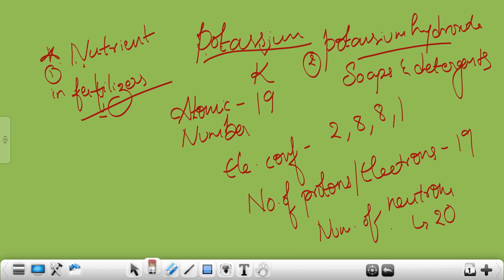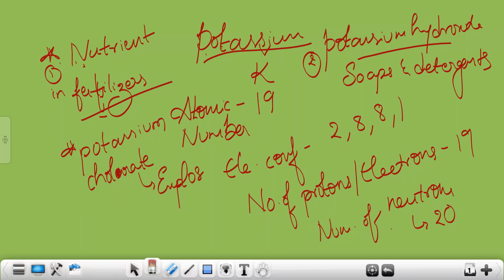Then potassium chlorate, potassium combined with chlorate, is used in explosives.